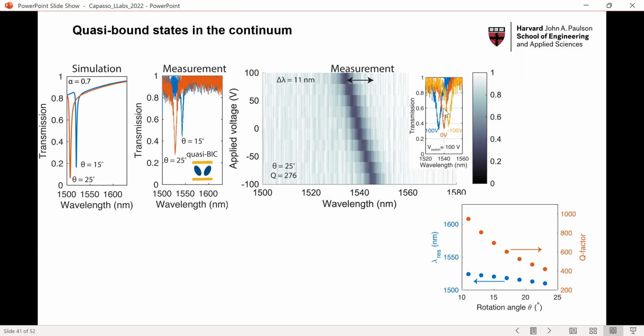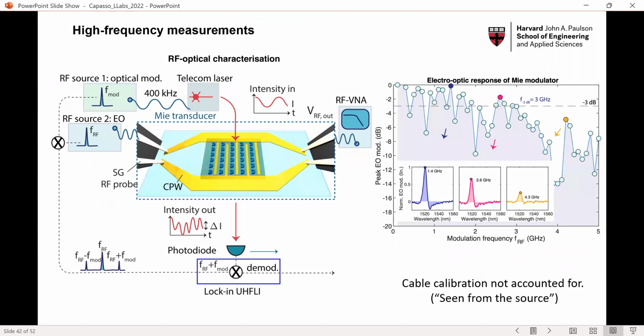We change the bias from -100 to 100 volts over a significant range of wavelengths, with a significant Q factor. In fact, the Q factor is up to almost 1,000, depending on this parameter, which is the orientation of these elliptical nanopillars made of silicon. And these are just the raw data. We didn't make any attempt to correct for cable calibration and so forth.